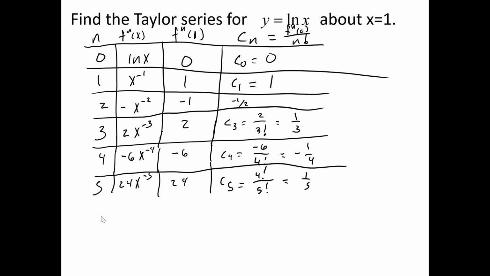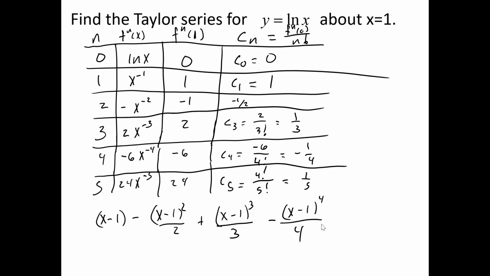But then your first term is 1 times x minus 1, minus x minus 1 squared over 2, plus x minus 1 cubed over 3, minus x minus 1 to the 4th over 4, and then plus x minus 1 to the 5th over 5.